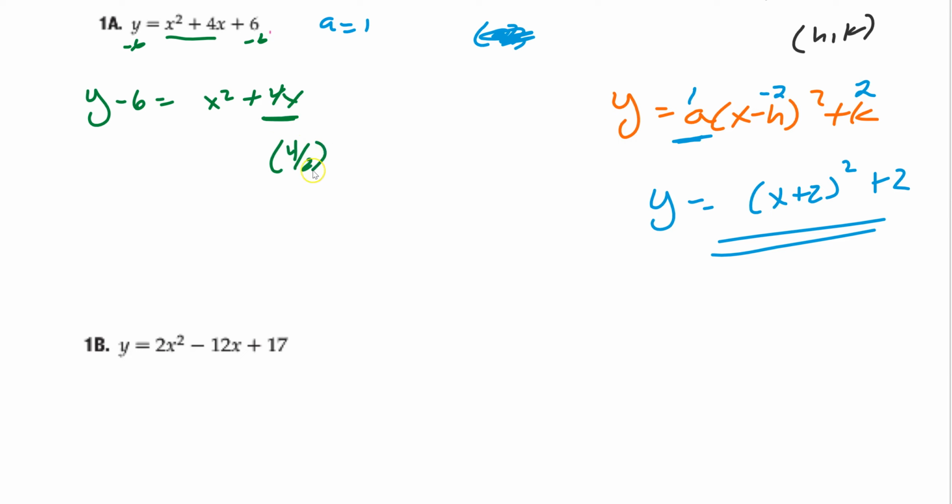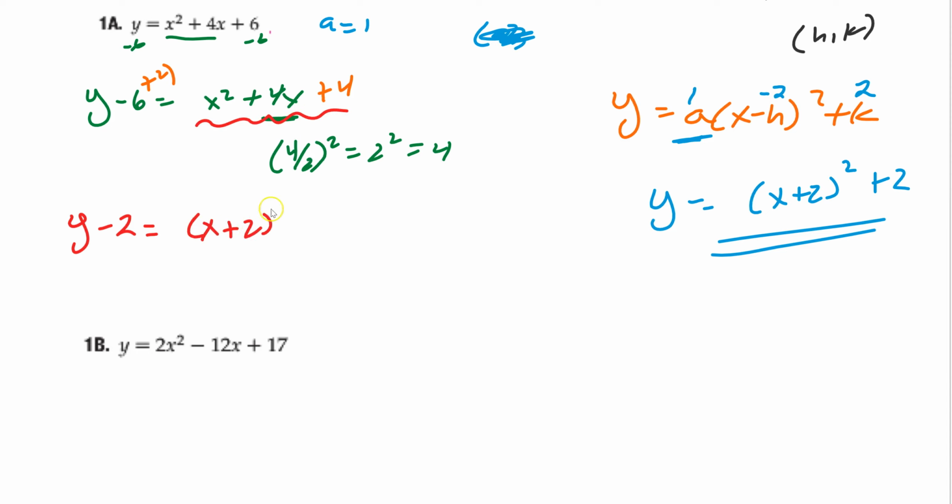So 4 divided by 2 squared is 2 squared, which is 4. So we're going to add 4 to both sides. In that case, we get y minus 2 equals, remember it's supposed to factor perfectly, x plus 2 squared. It's always the thing before you square it. And then, last thing I do is I move that over.